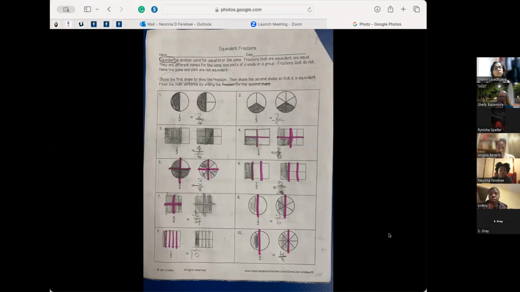I was working with one of my students with a disability, and I was starting to see that she wasn't understanding the concept of how even though these have a different amount of parts, they look the same. So I got a highlighter and made them look as if they were the same. So I'm thinking that could serve as a scaffold maybe.